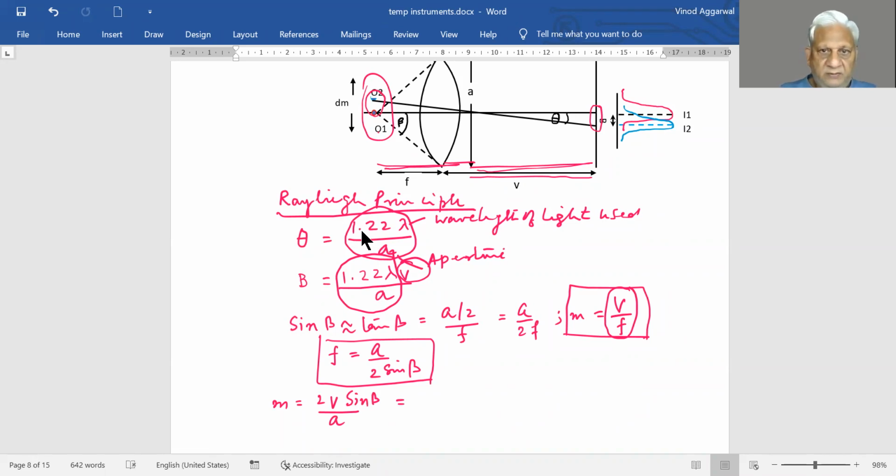This is same as we have defined our B, size of the image over distance or size of the object, which is, we can cancel from here.